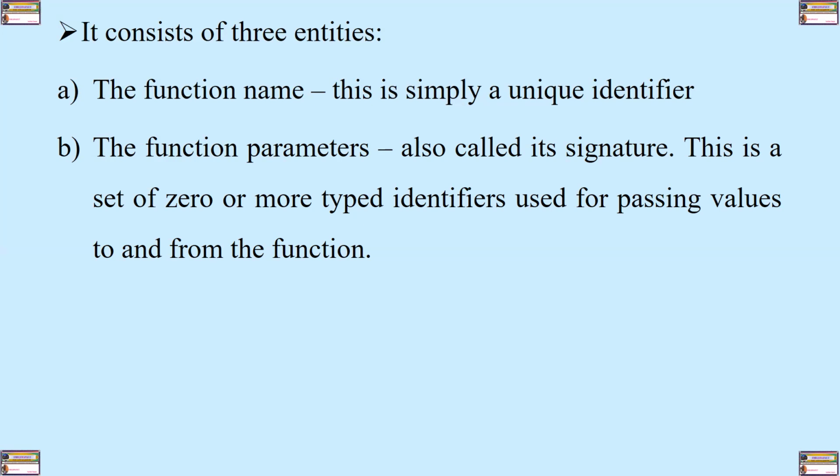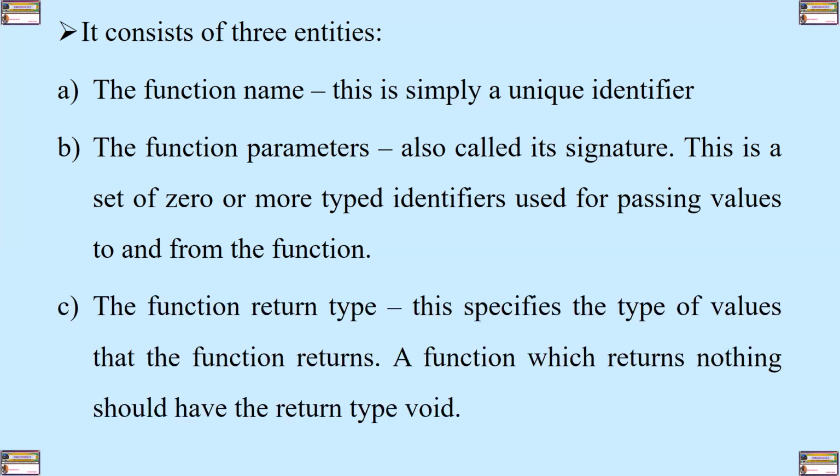It will depend on whether the function that is going to be executed will need a value to be passed to it or to be received by it. If a function is to receive the results from another function, then that function should have parameters.